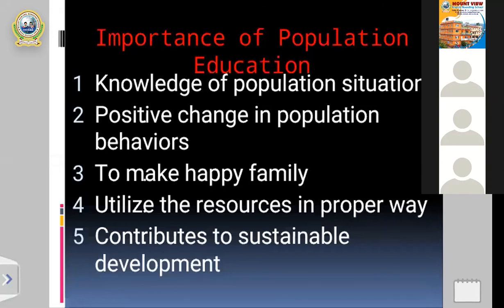If we manage the population and control the population growth rate, then we can get different factors of quality of life, like health facilities, transportation, communication, and education facilities, and through that we feel satisfaction. And if we feel satisfied, then we feel happy. That means population education is very important to create a happy family.